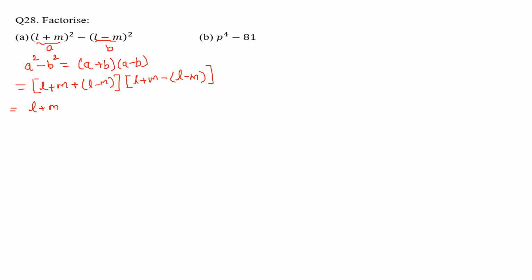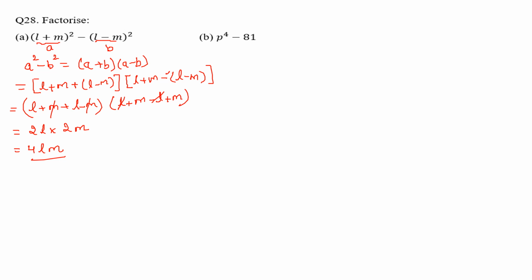So L plus M plus L minus M. And here, as before the bracket there is a minus sign, the sign will change: minus L plus M. Now M and minus M cancel, L and minus L cancel. So here you are left with 2L into 2M. So 2 into 2, 4LM. This is your factorization. Okay.